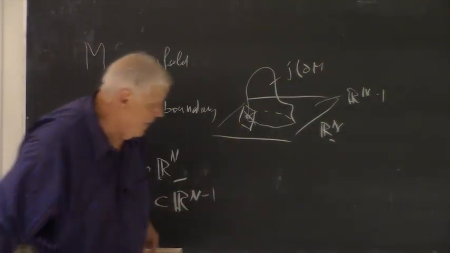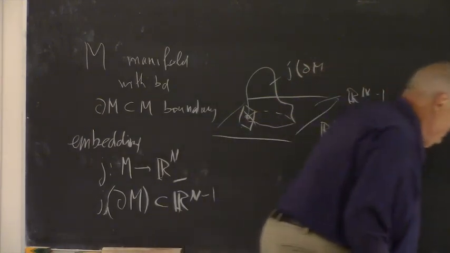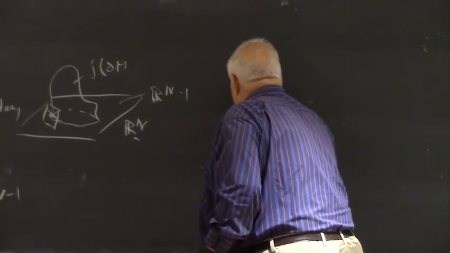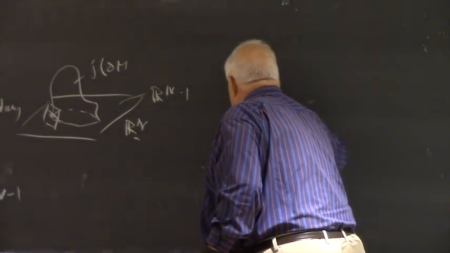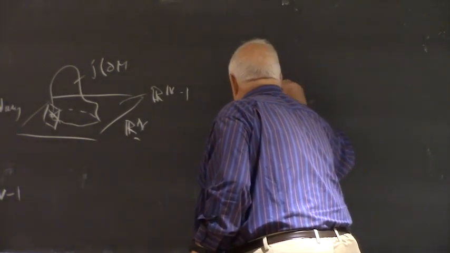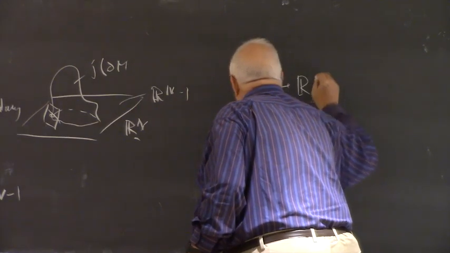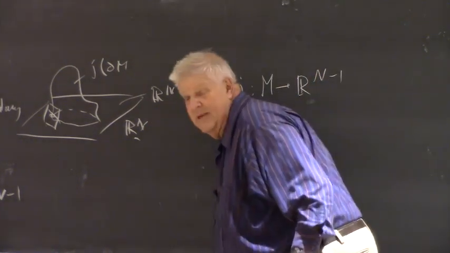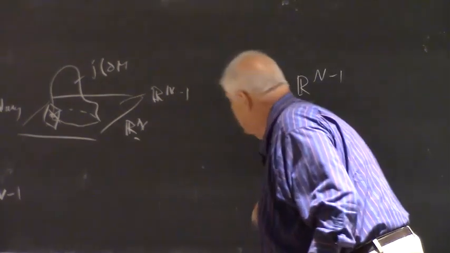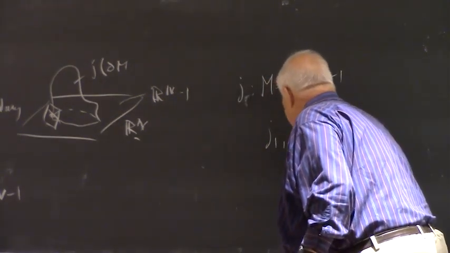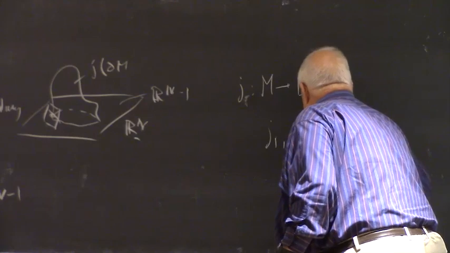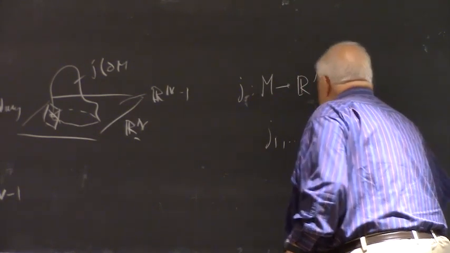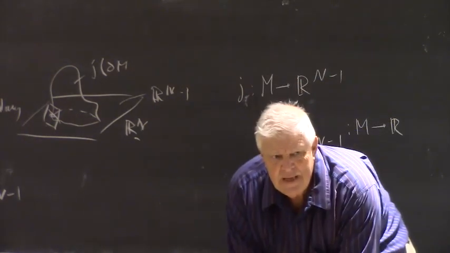You remember that if we already have an embedding of M into, say, R^(n-1), just to achieve this, this is the same as n-1 functions with some properties which we discussed.